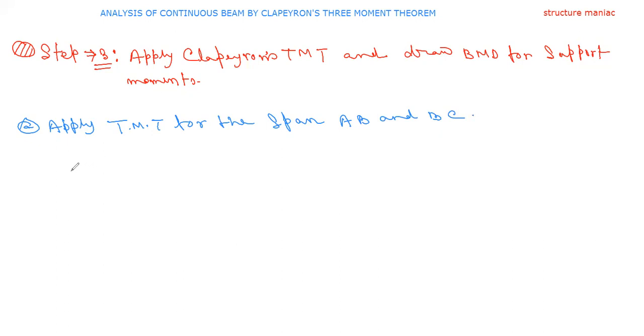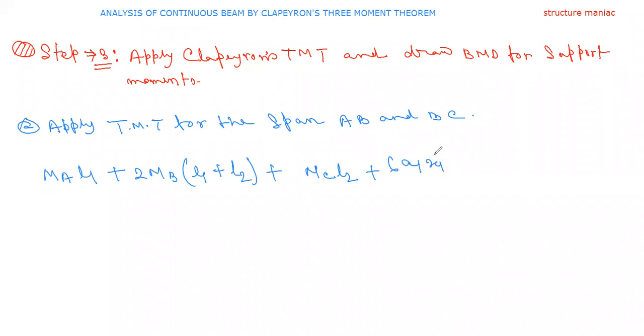So for AB and BC, we will have three moments. So we can write MA L1 plus twice MB into L1 plus L2 plus twice MC into L2 plus 6 A1 X1 bar by L1 plus 6 A2 X2 bar by L2 is equals to 0.